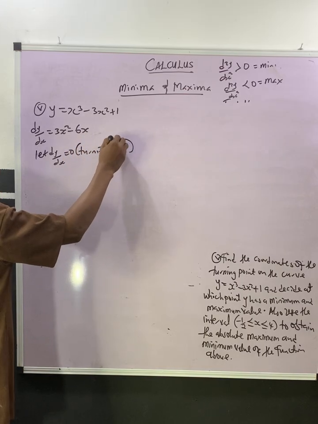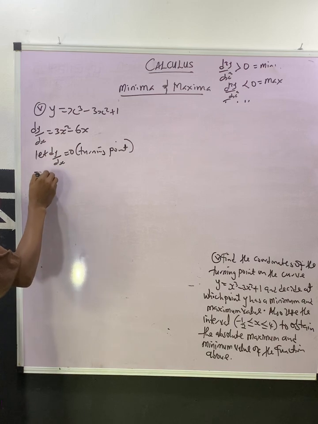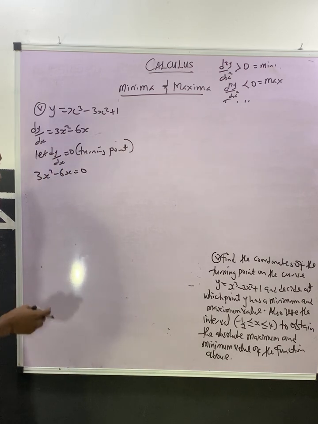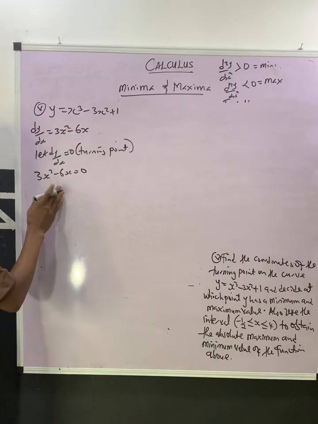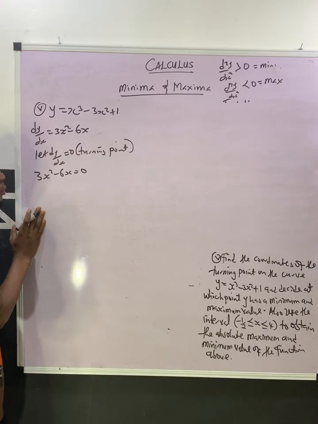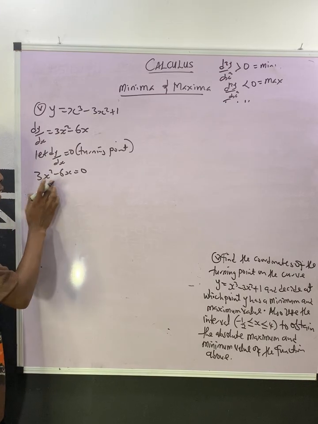So now that is 3x squared minus 6x equals 0. Now this quadratic equation, how do we solve this? Remember, what's common here? We can even factorize this. 3x is common.